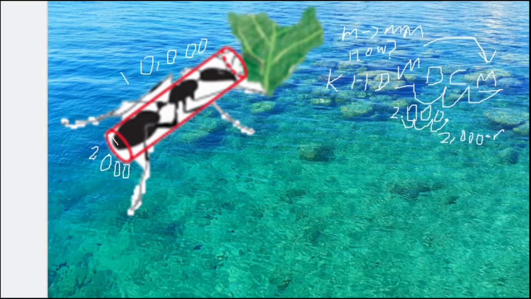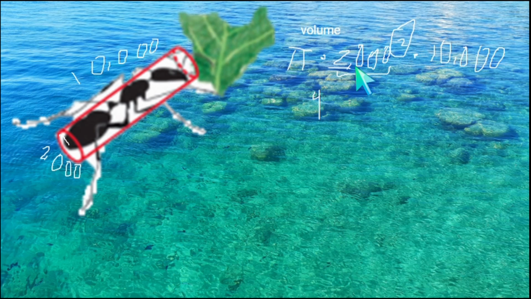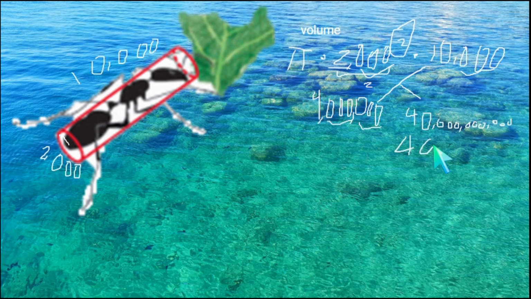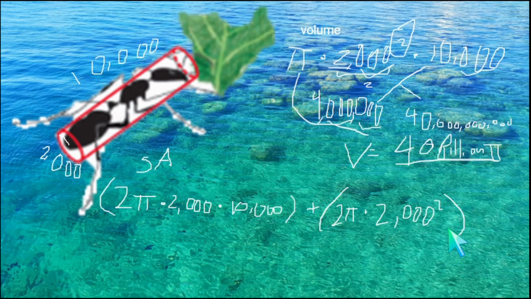But now we have the next one, except it's not millimeters, it's meters. So we have to convert it to millimeters, because everything in the previous problem is based on millimeters or milliliters. Meters are just 1,000 millimeters. So we replace everything with 2,000 and 10,000 instead. We get 40 billion for the volume, which is a large number. As you can see, I had trouble calculating with all those zeros.